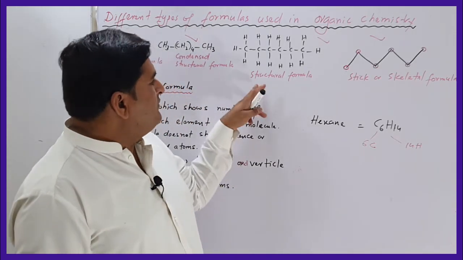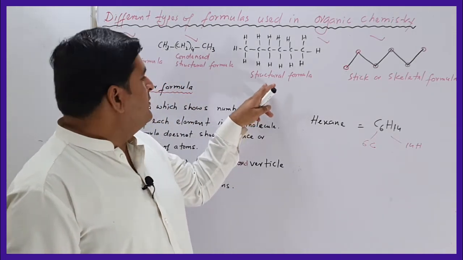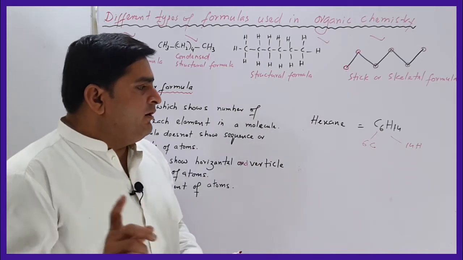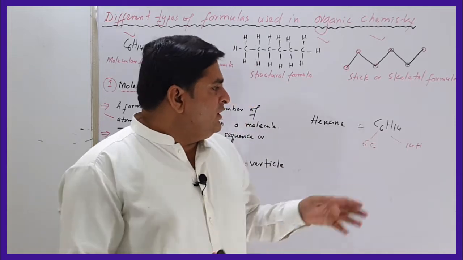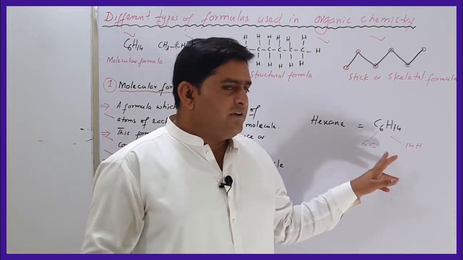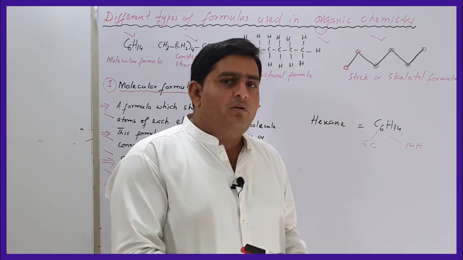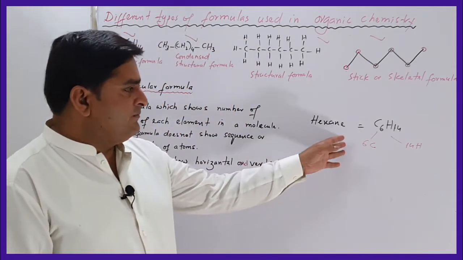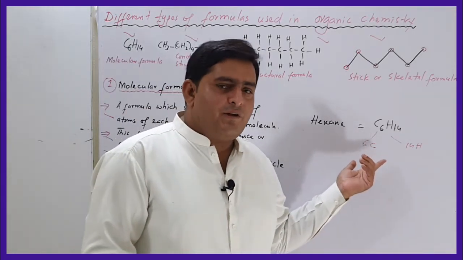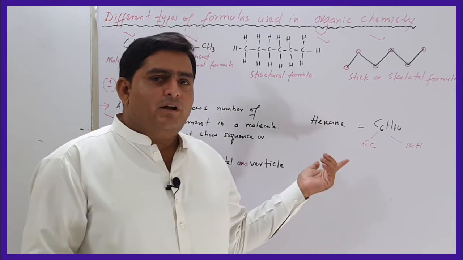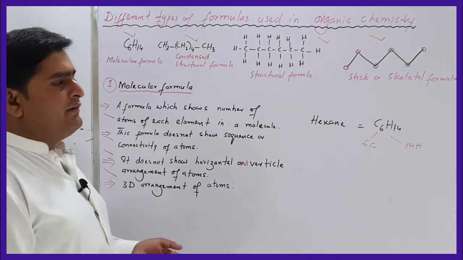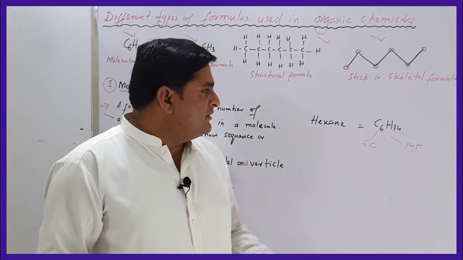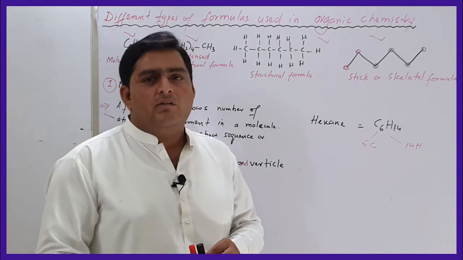Molecular formula has only one advantage: it shows the total number of atoms of each of the different elements in a molecule, but it does not explain the three-dimensional structure of the molecule, the horizontal or vertical arrangement of atoms, and the sequence or connectivity of atoms between each other. So this is what a molecular formula is.